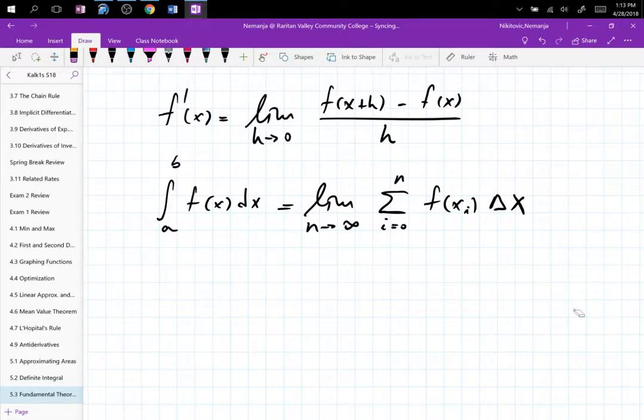The next section is going to be very short, 5.4. We're going to see a few formulas that are going to sweeten and ease up our calculations. And then 5.5, u-substitution. Make sure you do your class prep for those two sections for next class.